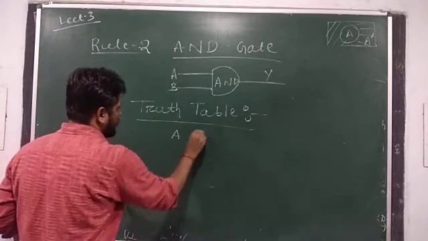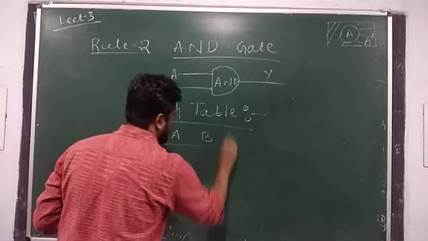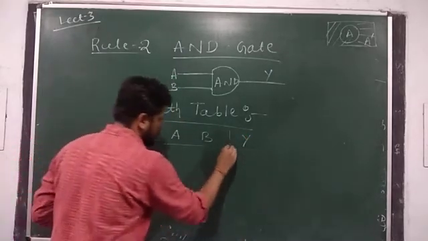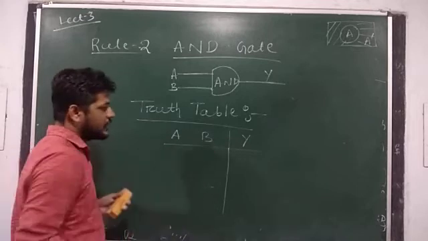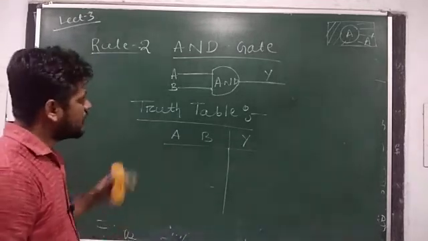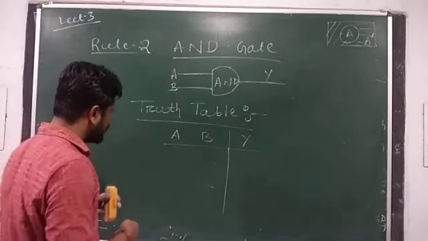In the truth table, we have inputs A and B and output Y. Here we have 2 inputs, hence the number of possible combinations of input is 2 squared, equal to 4.